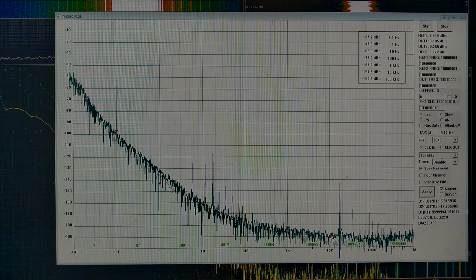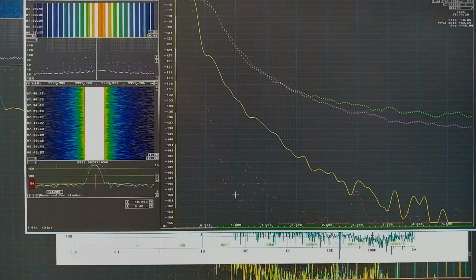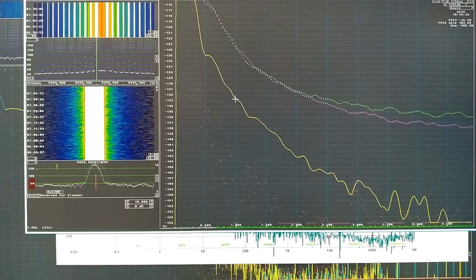But when I look at Linrad, which is less noisy, it is faster, it looks now like minus 133 dBc per Hertz. This is because I had a problem with noise bursts from the device under test, and the performance degraded to something like minus 128, and I could clearly see noise bursts in the waterfall here.